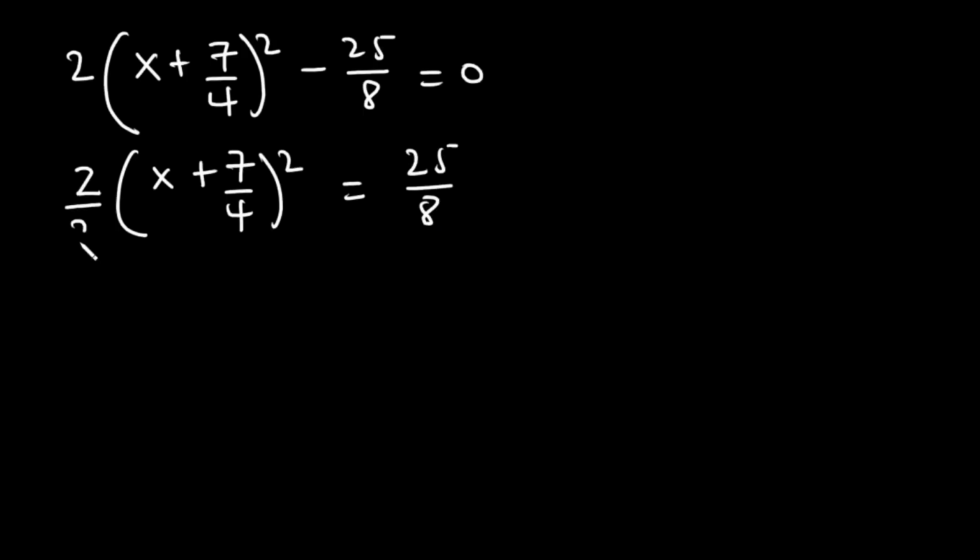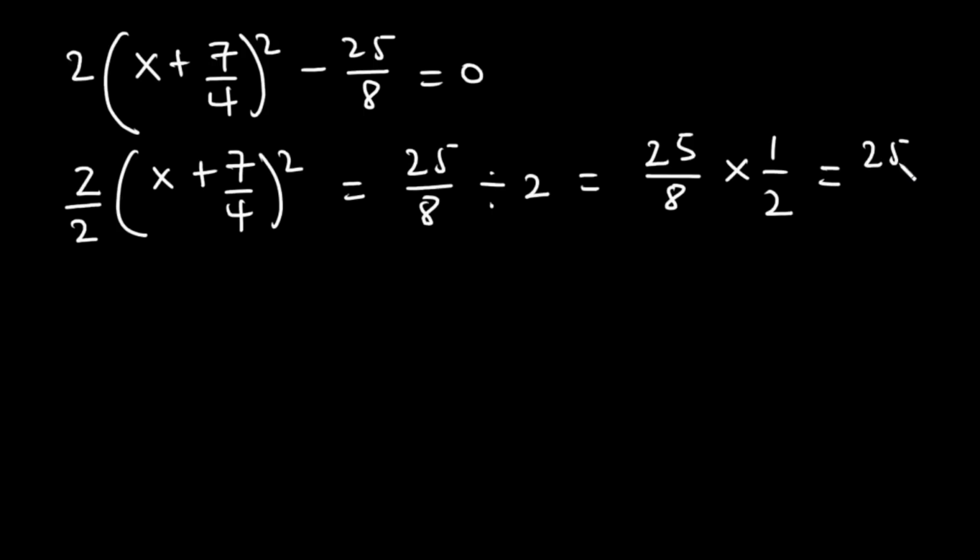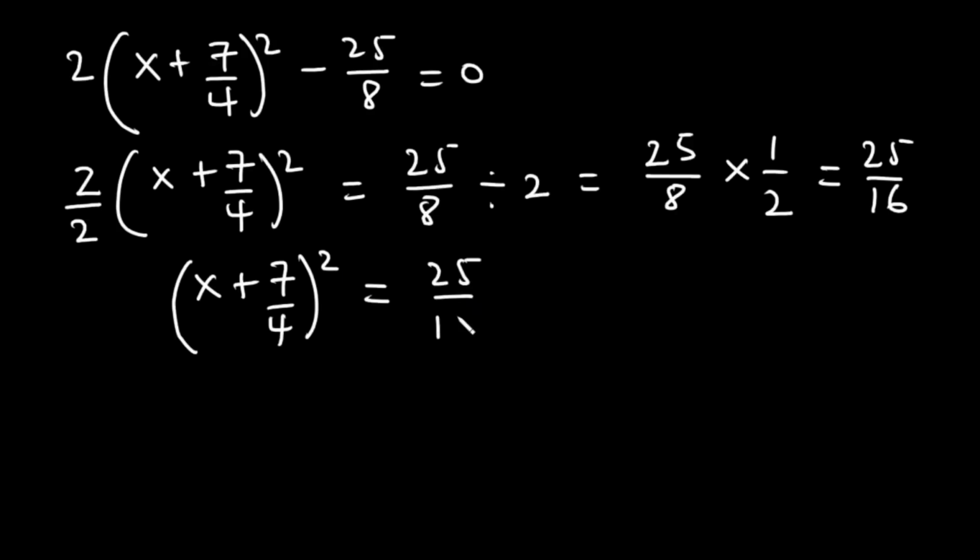Now let's divide both sides of the equation by 2. So this is going to be 25 divided by 8 times 1 over 2, which is equal to 25 divided by 16. So it's going to be x plus 7 over 4 all squared is equal to 25 divided by 16.